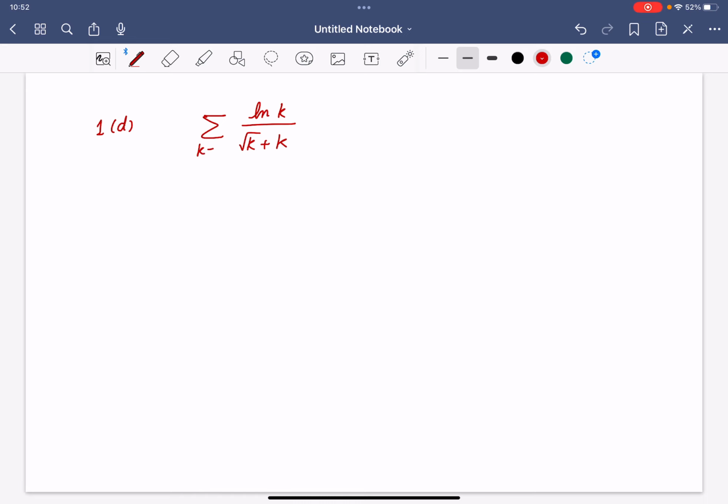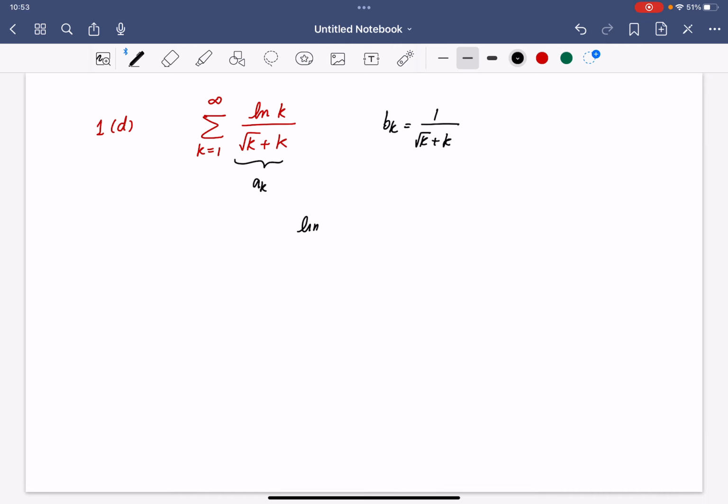Exactly, log k. Some of you say this is a_k and try the limit comparison test, which is okay. The first student picked b_k to be 1 over square root k plus k. Good choice actually, but this is not a p-series, so it is a little hard to figure out whether it is convergent or divergent.